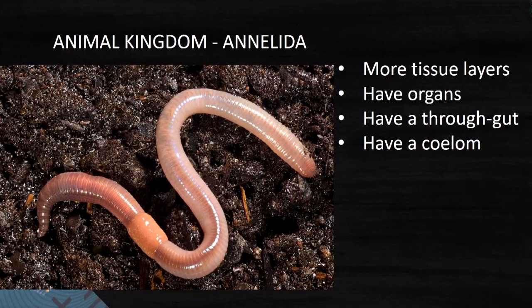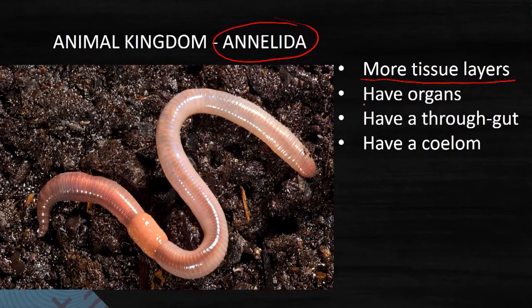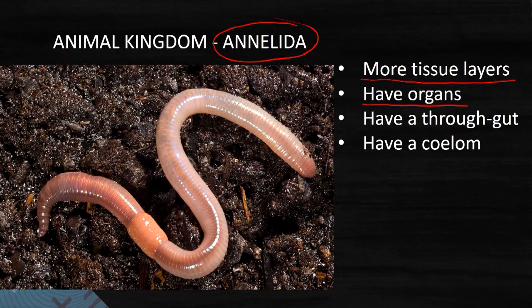Then the next group is the annelids, and they also have 3 tissue layers. You might have in class heard about a term called triploblastic, which means they've got a 3rd tissue layer. They have organs. Did you know that every segment inside an earthworm has got its own little kidney tubule in it? Sweet.